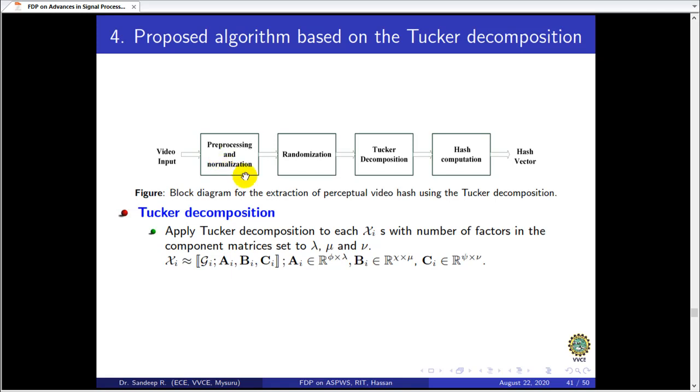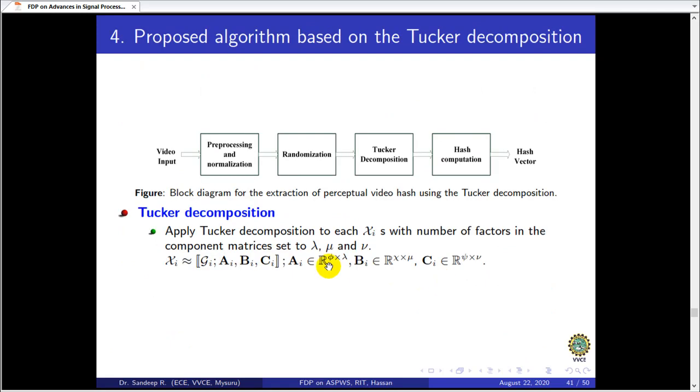We apply Tucker decomposition on each of the subtensors and obtain the intermediate hash vector from each of them. Then we use an averaging operation along the second dimension, and apply median based quantization to finally obtain the hash vector. So this is how we apply the Tucker decomposition on the subtensors.